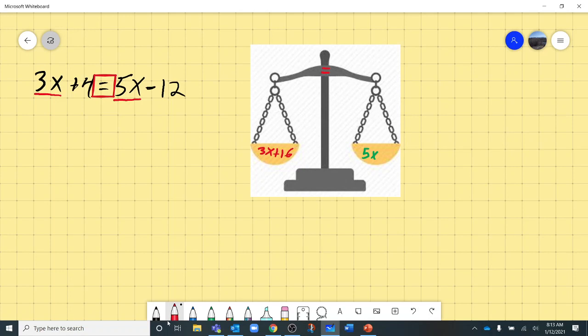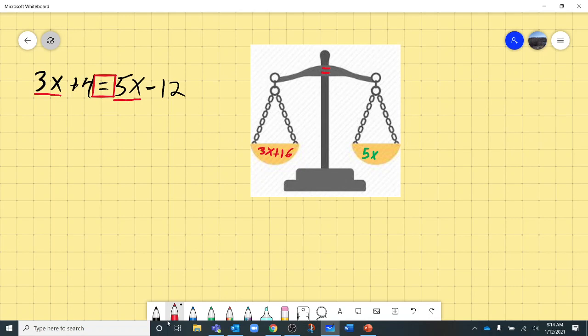Now again, I want all my x's on the right and all my numbers on the left, which means these x's that are on the left need to go away. In this case, we have 3 x's, so you can actually picture 3 physical x's made of wood or whatever you want. We need to get rid of those, so we're going to take them out of the basket. We do that by subtraction, right?